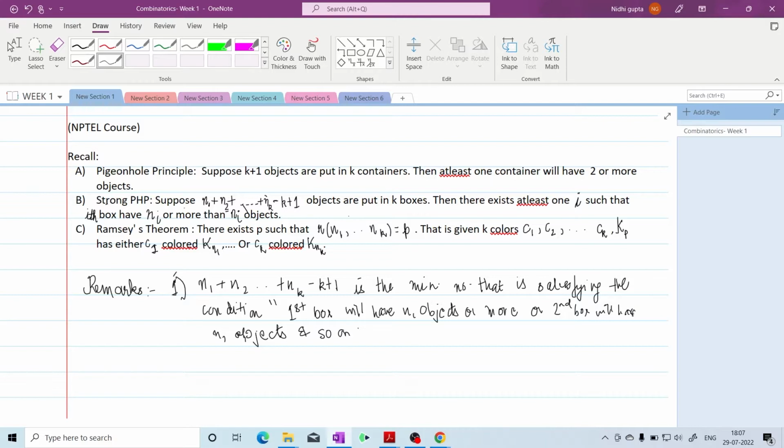This is clear, right? Because we have to show that this is the minimum number satisfying this condition. So we have to show that the number closest to it and smaller than it, which is n1 plus n2 plus nk minus k, does not satisfy this condition.